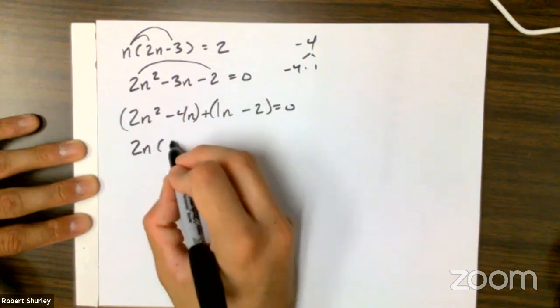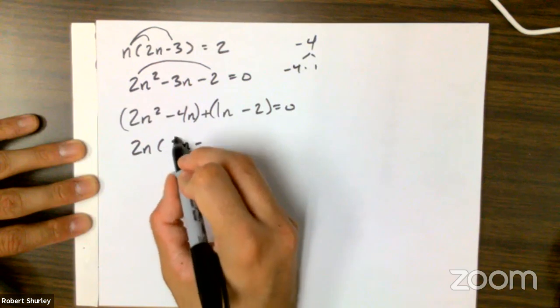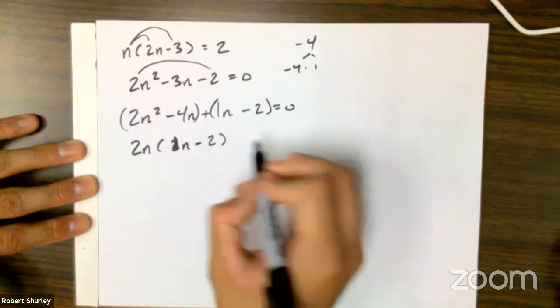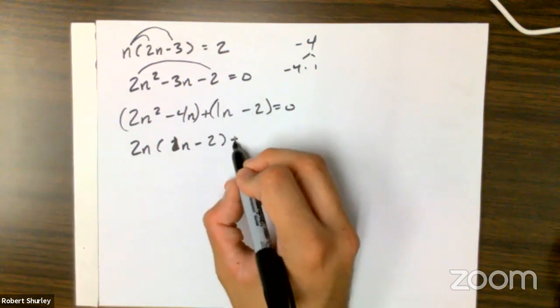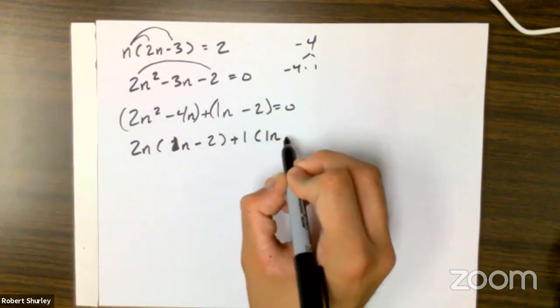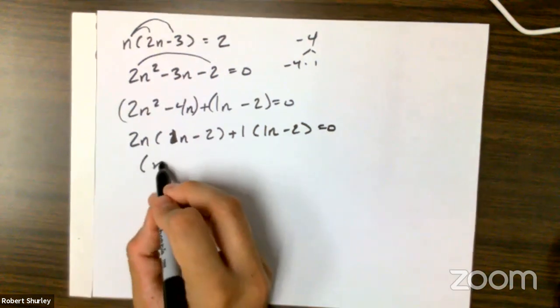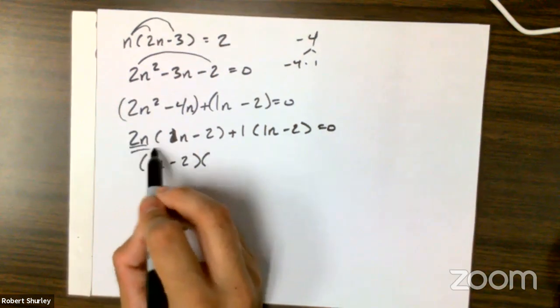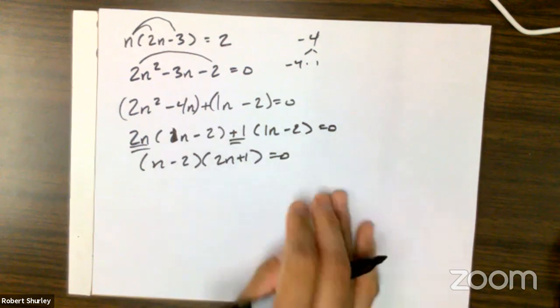Factor a 2n out, and I'm left with n minus 2. Then for the second group, I'm going to factor a 1 out so it doesn't change: 1 times (n minus 2). That's just n minus 2, and I'm left with 2n plus 1.